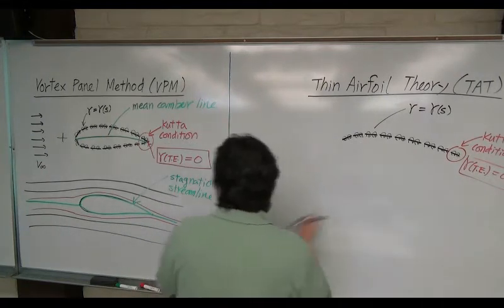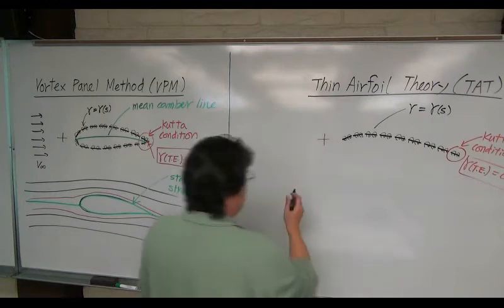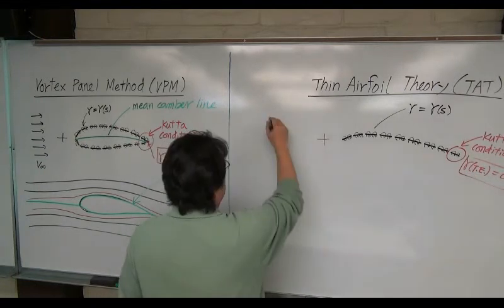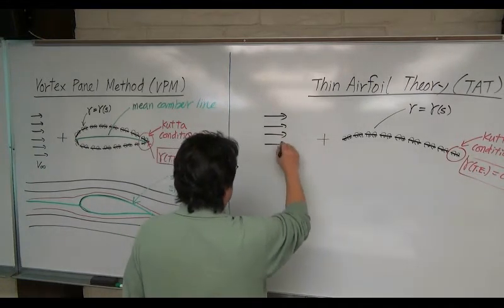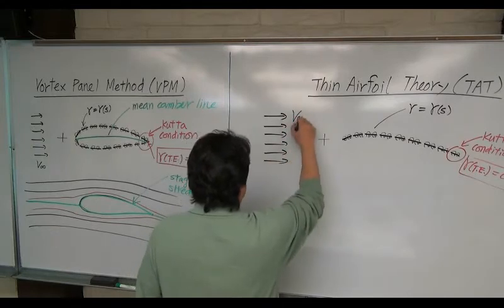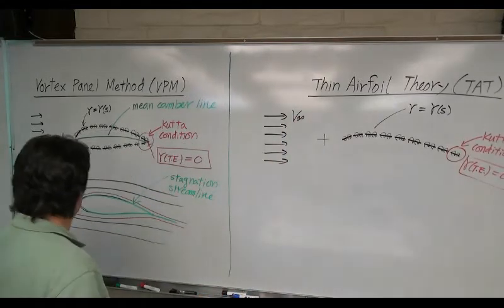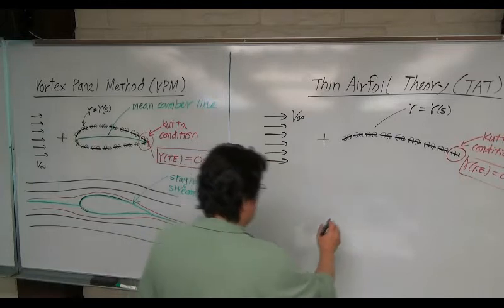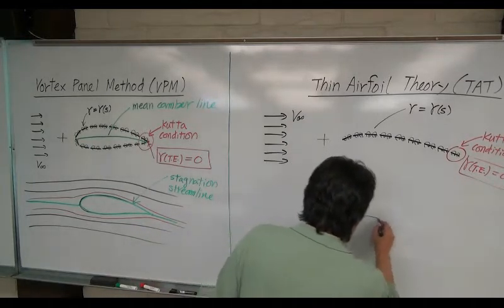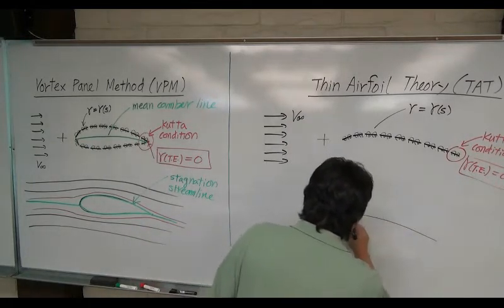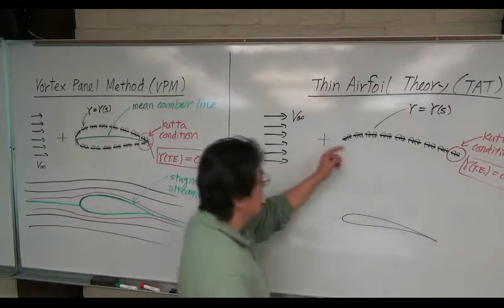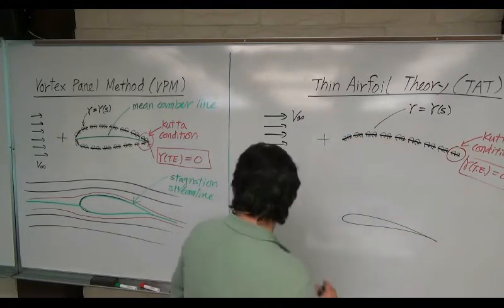Then of course, you're going to superimpose this mean camber line against the incoming uniform flow, V infinity. Then what is the result? Well, the result is a very thin airfoil, because quite frankly, I just completely ignored the thickness effect.